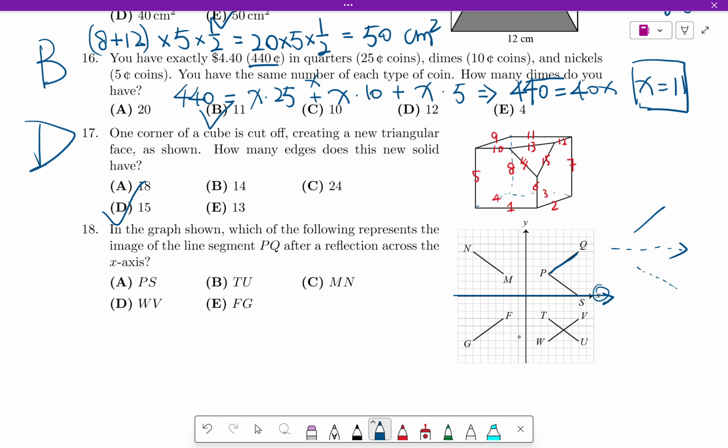The only line segment in this graph that resembles this shape underneath the x-axis is TU. So this would be symmetrical to PQ over the horizontal line, so line segment TU would be the correct reflection.